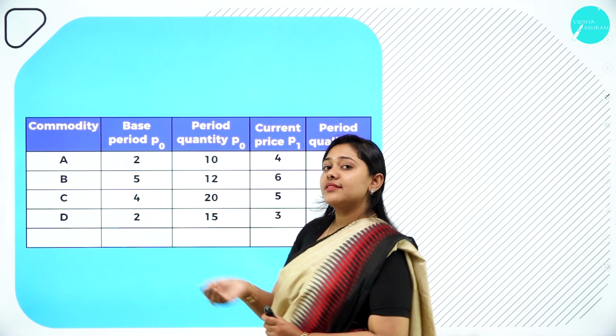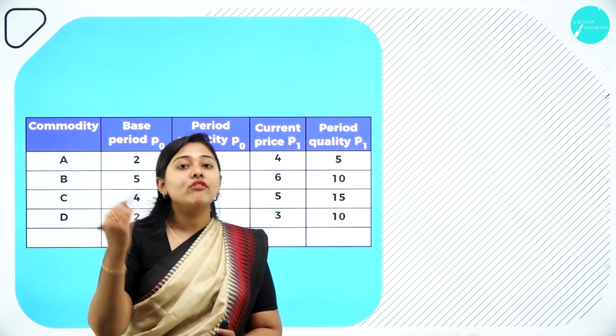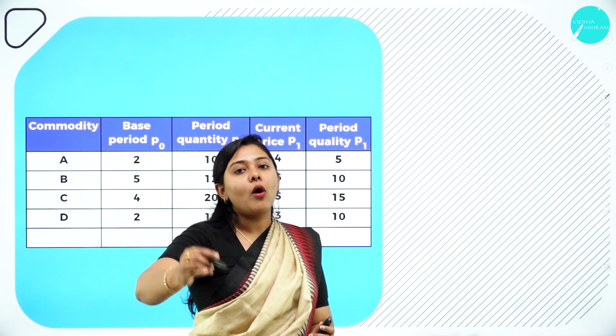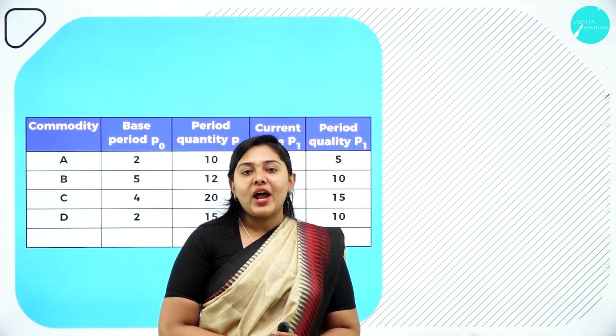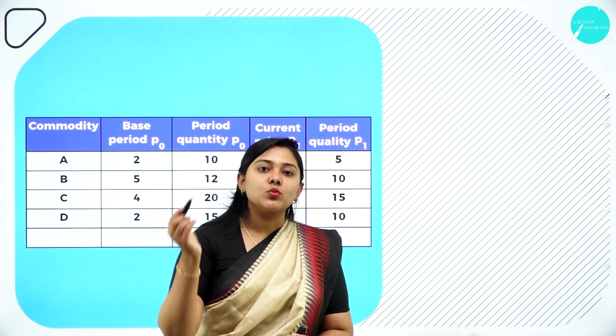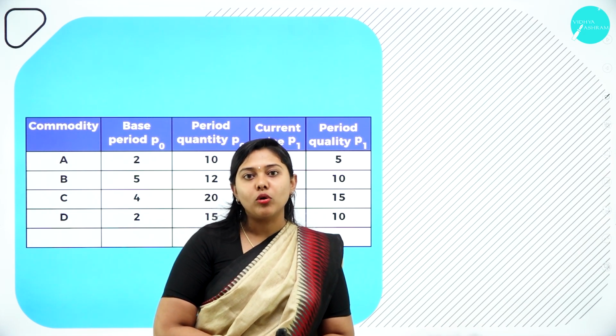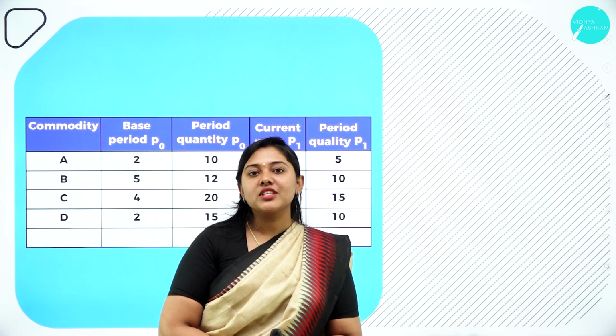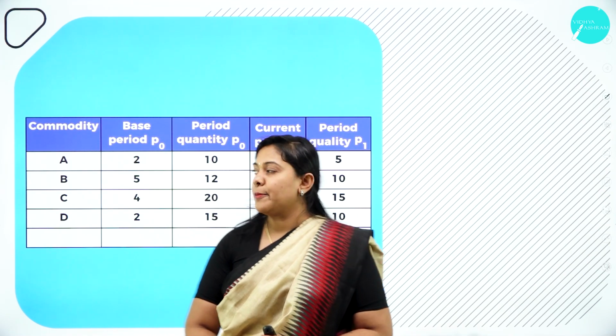In the last class, I assigned a few weights to the prices and we checked how to compute the weighted aggregate price index, as well as the simple aggregate method. So by using this, let us see what the Laspeyres price index shows us.